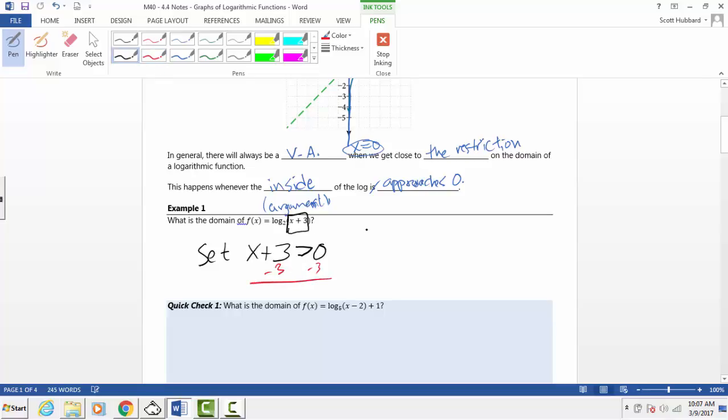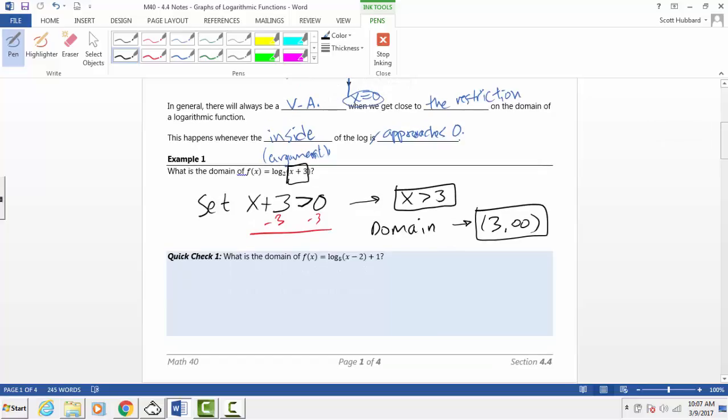And so we get x is greater than negative 3. That's my domain, but of course we want to write it in interval notation, and so we write it as negative 3 to infinity.